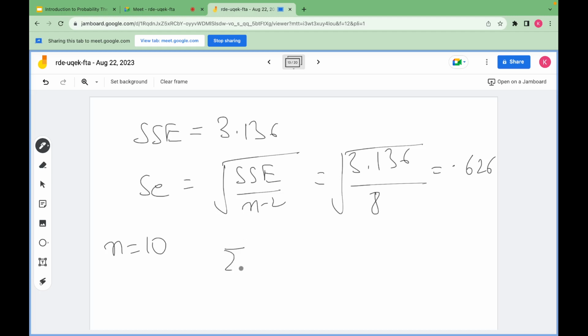Let's suppose this summation xi minus x bar whole square is given to be 12.989.